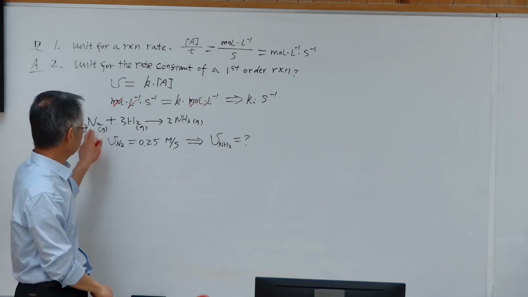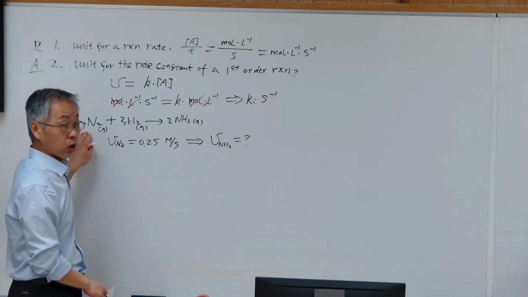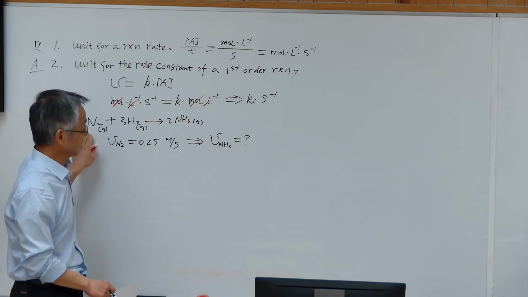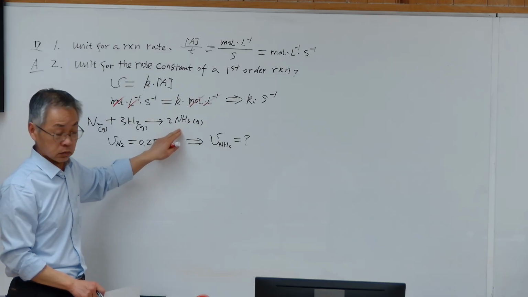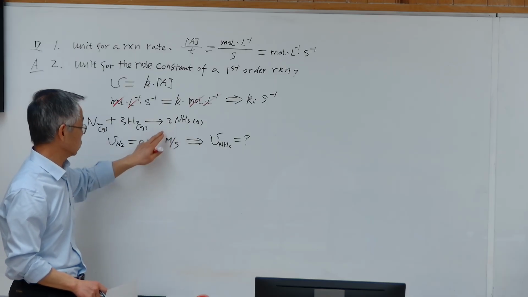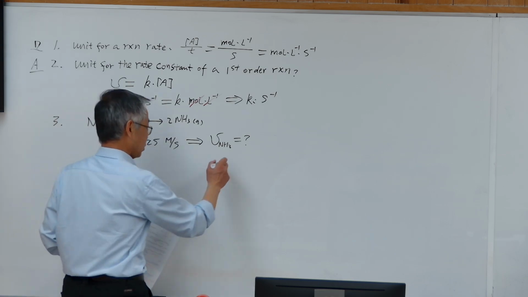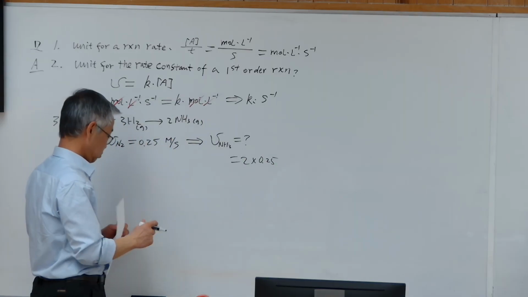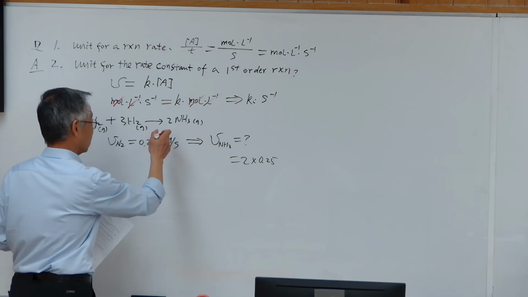Okay, you need to take a look at the balanced equation. For every one nitrogen that disappears or is consumed, 2 ammonia are produced. So nitrogen is 0.25, then ammonia will be 2 times 0.25, because the balanced equation tells you this relationship.